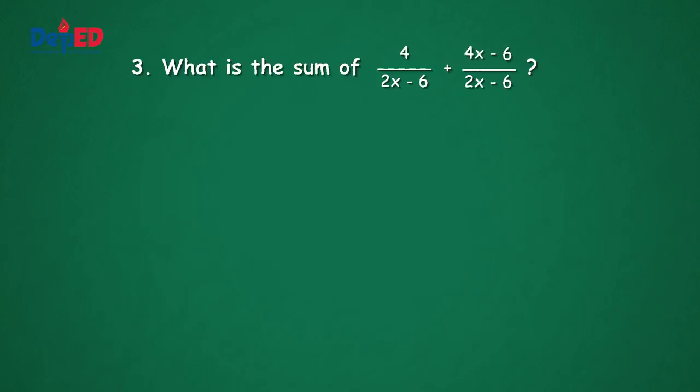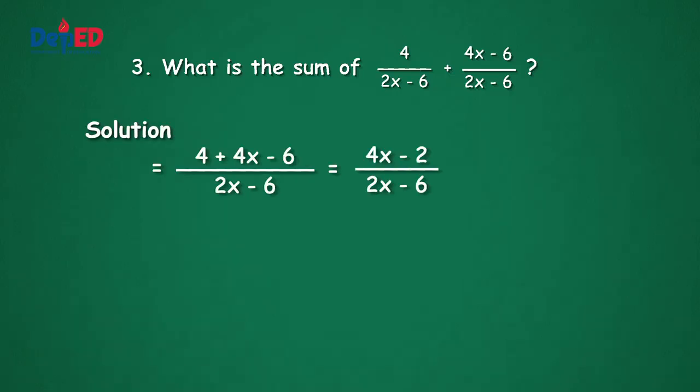What is the sum of the expressions 4 all over 2x minus 6 and 4x minus 6 all over 2x minus 6? They are similar rational expressions. So we can have 4x minus 2 all over 2x minus 6.